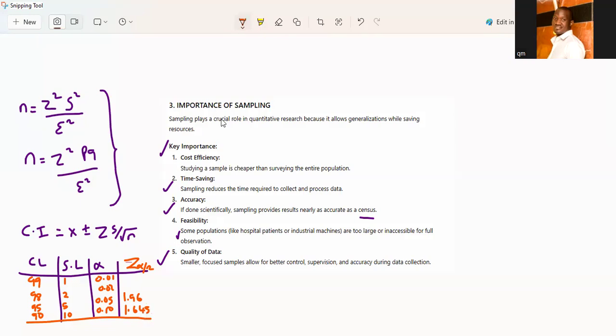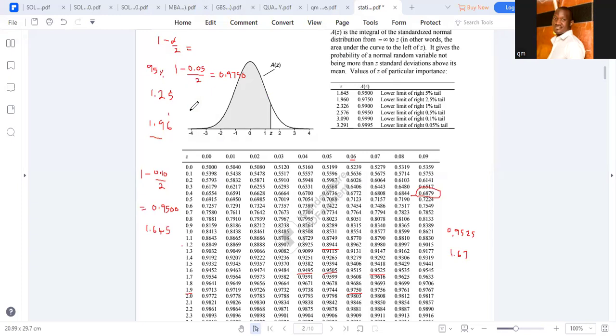Okay, let's try 98%. Who wants to try 98%? What do we do? 1 minus 2%, which is 0.02, over 2, which will give us 0.99.